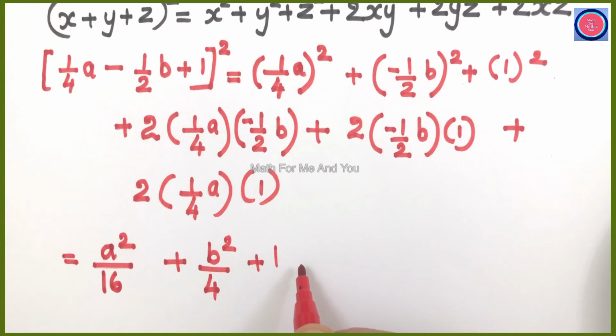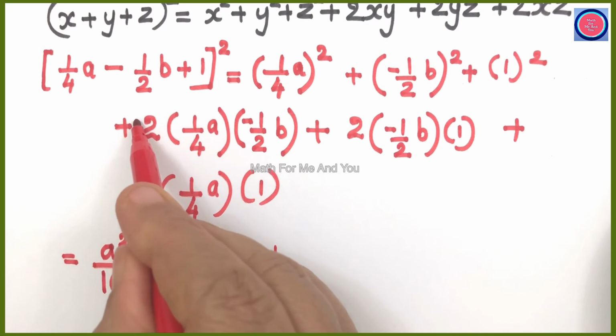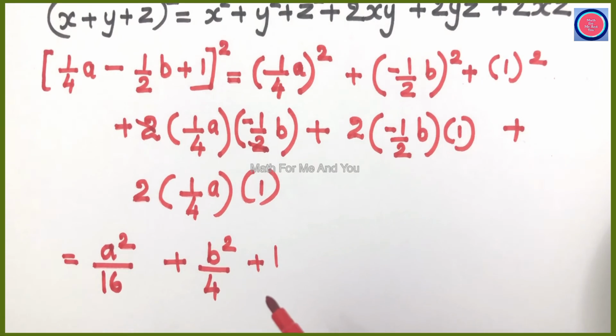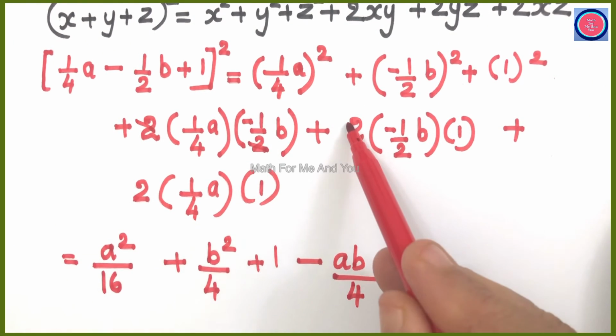Now the next term we can see fractions. Numerator there is 2 and denominator there is 2. We could cancel. The remaining terms multiply. 1 times a times minus 1 times b. So a times minus b is minus ab, that is numerator, divide by 4. In the next term also we could cancel 2 from numerator and denominator.